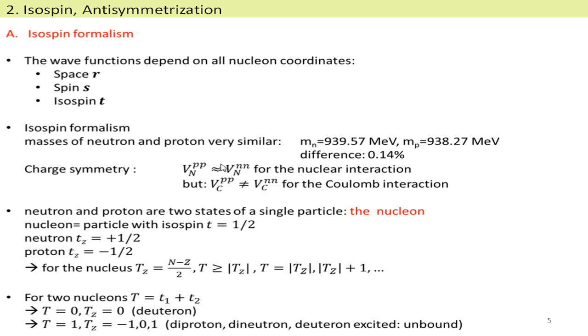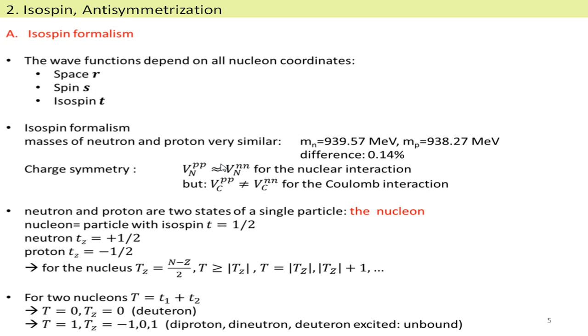So if you exchange neutrons and protons, you have the same nuclear interaction. Of course, this is not true for the Coulomb interaction, but we know that the Coulomb interaction is weaker than the strong interaction. So we essentially pay attention to this nuclear part.